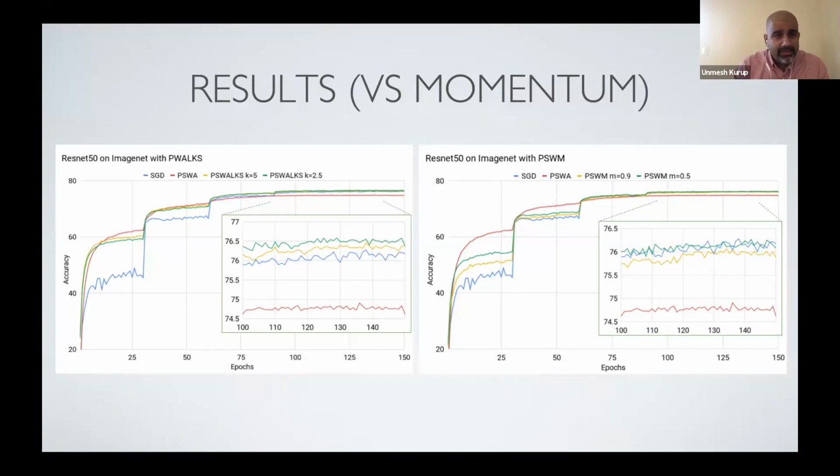You see the same improvement in performance when you get to, I don't know, 50, 60%, even 70%. It's doing much better than momentum in those early stages. And even at the end, it's doing really well, showing accuracy similar to what you would get with SGD with momentum. And that goes for both of the techniques.